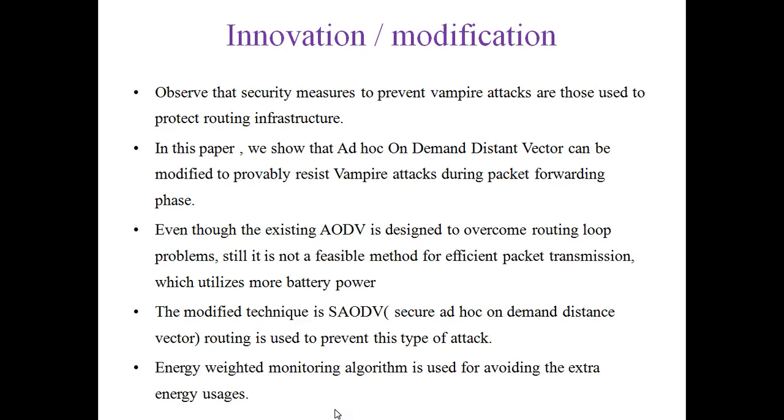The security measures to prevent vampire attacks are those used to protect routing infrastructure. In this paper, I showed the Adhoc On-Demand Distance Vector routing protocol can be modified to avoid vampire attacks during the packet forwarding phase.